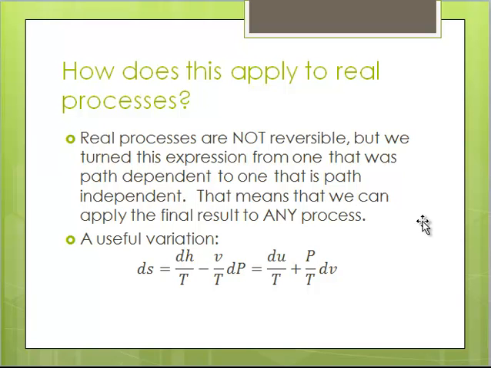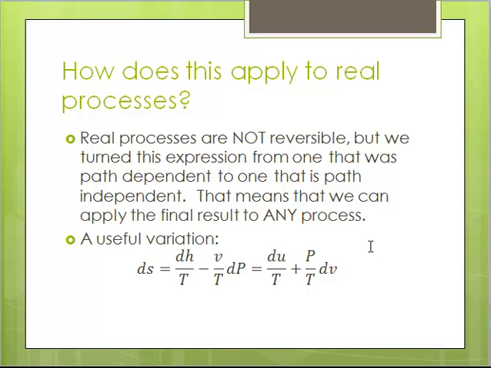So, real processes, does this have any application? Well, in fact, it does, because the process that I selected was crazy reversible, not real. But I ended up with something that was path independent, and so therefore I can apply it to any process.